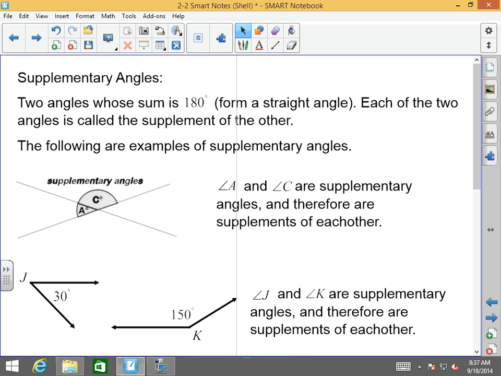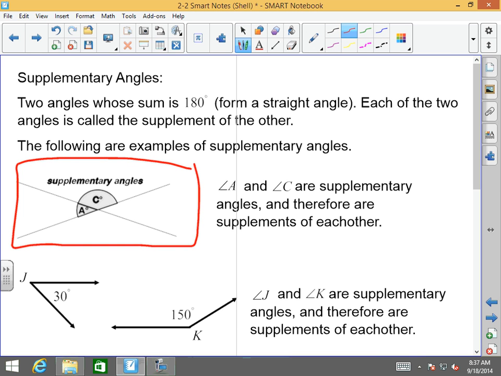Just like complements, each of the two supplementary angles are called supplements of the other. So, for example, the following are examples of supplementary angles. Let's look at this first one here. Those are supplementary angles. Why?